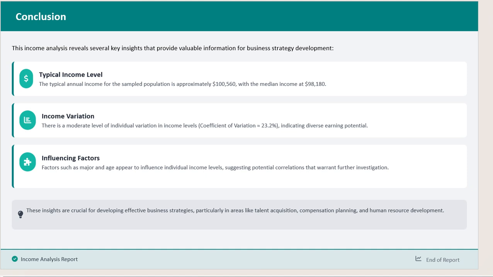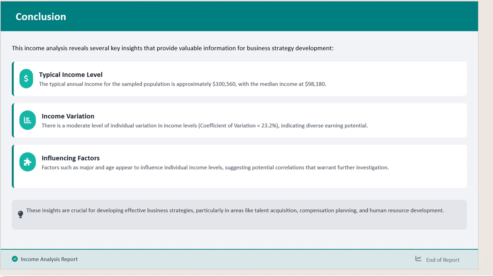Usually, when people view an income report, the mean and median are the most focused parameters. The other one is variation, which I think is best represented using the coefficient of variation. For this data set, it's a moderate level of dispersion.